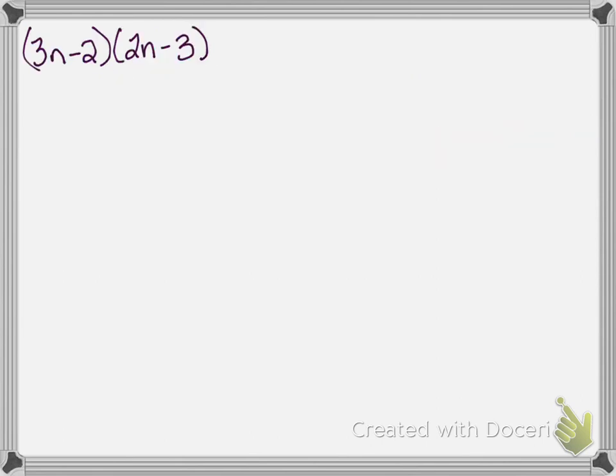Okay. So this one is very, very similar. This is 3n minus 2 times 2n minus 3. We are going to FOIL this. So I've got 3n times 2n. Okay, so that deals with my first.